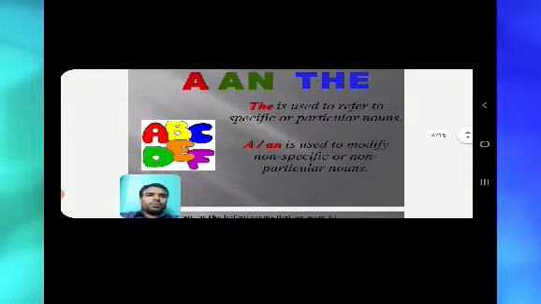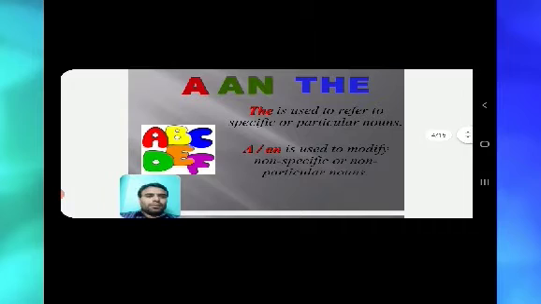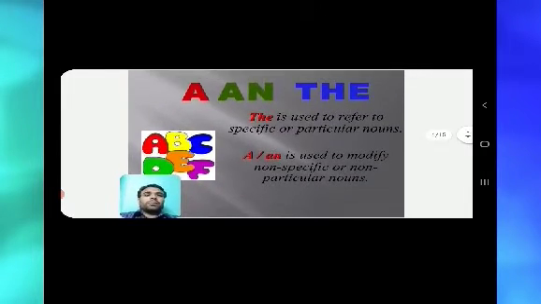And what about a and an? They are used to modify non-specific or non-particular nouns. Non-specific or non-particular words are to be modified by a or an. There is a difference again between a and an. Let us explore some more things about how to use them.